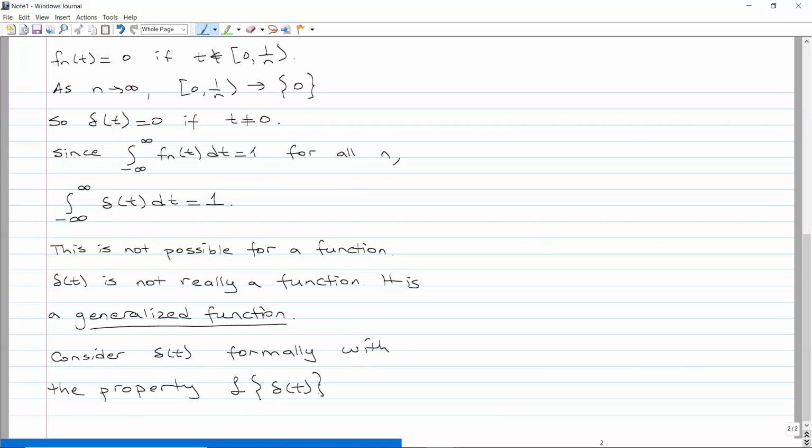Now, why? How do we get this? Why is its Laplace transform 1?